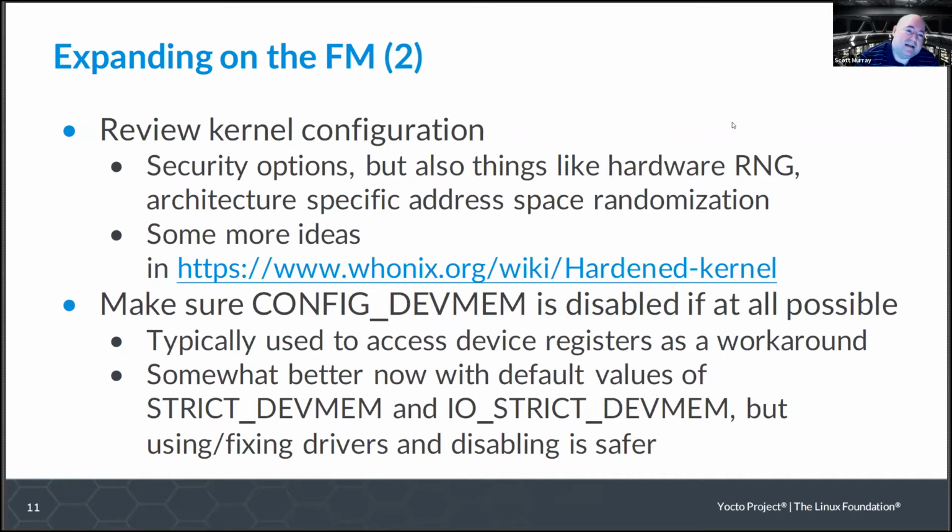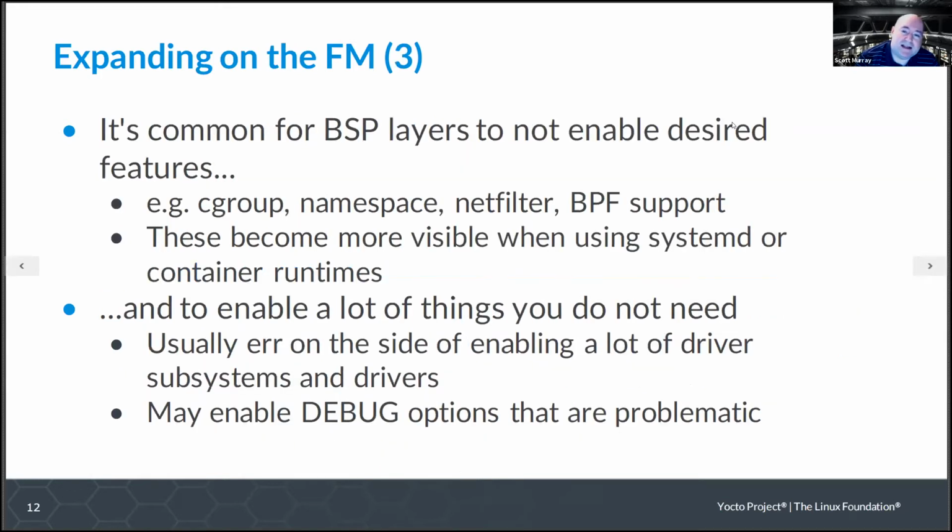Moving on, BSP layers can be interesting in this kernel config space. They don't always enable things you might want. So cgroups, namespaces, it's pretty typical. They don't turn on much of the netfilter support necessarily. Nowadays, with BPF becoming a lot more commonly used for things, you need to check to see what they're turning on and potentially enable extra things.